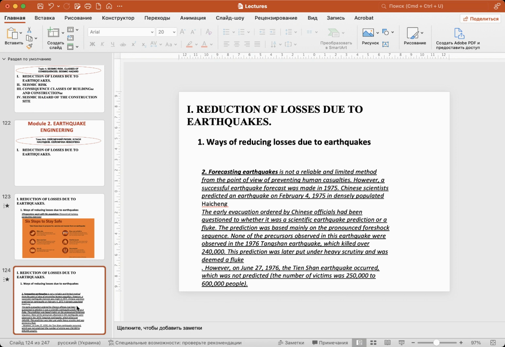There are certain signs, certain marks that can show us that an earthquake is possible, but it is absolutely impossible to predict it. So that is why it is good, but it is not a very developed method of reducing people's or economic losses due to the earthquake.